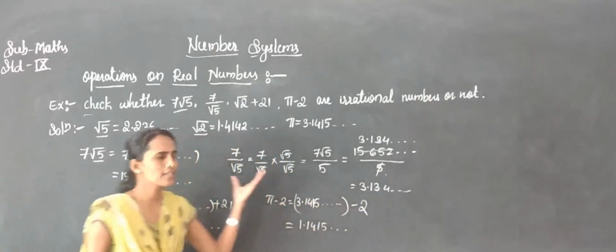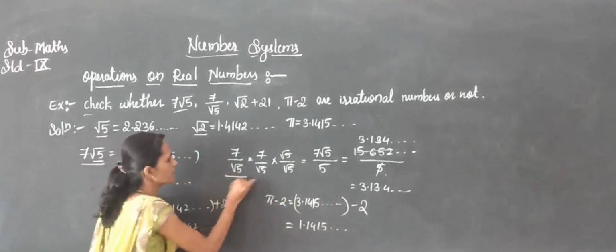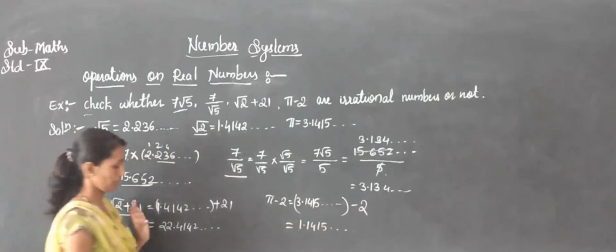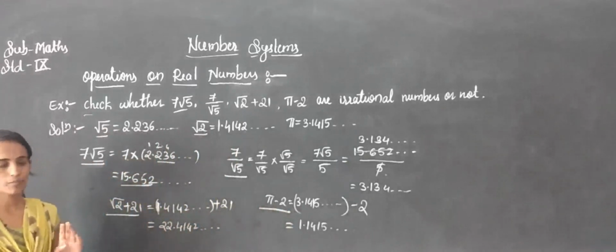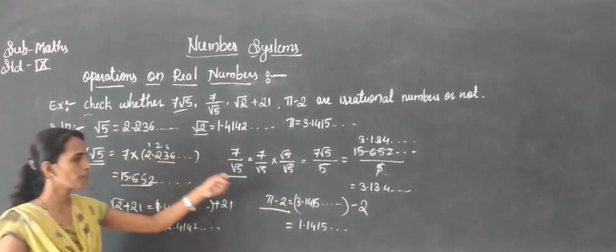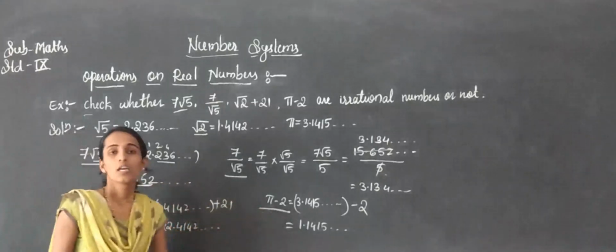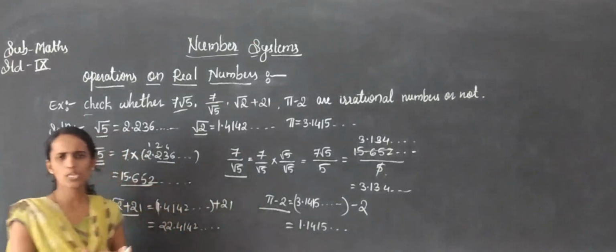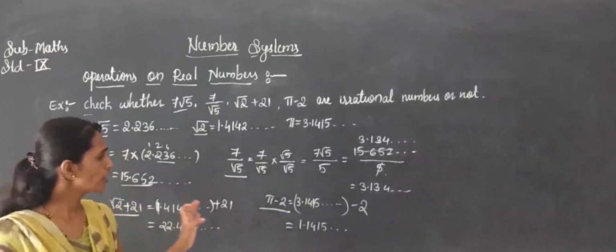So check all of these. The first is multiplication with an irrational number, the second is division with an irrational number, the third is addition with an irrational number, and the last is subtraction with an irrational number. All give irrational numbers only, because we are getting non-terminating decimals.